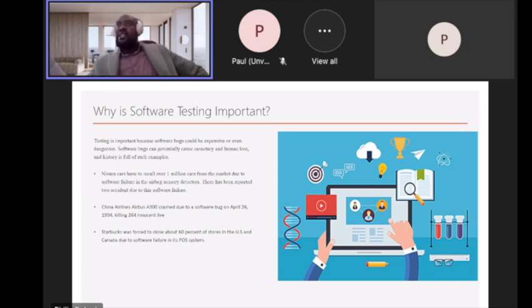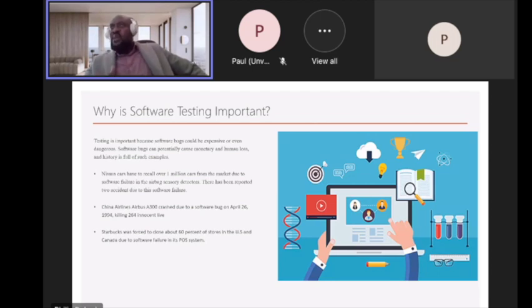We have a scenario where Nissan was recalling 1 million cars for a defect on the airbag, and this was just because of a software failure. It might be that they did not test it properly. But just imagine if you are recalling 1 million cars, what is going to happen? That means the company has lost a lot of money.